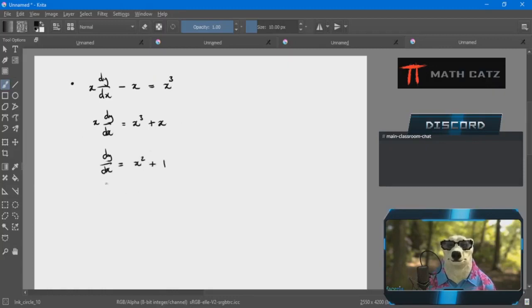And then I see, okay, well, this is just an antiderivative question again. I have a function y whose derivative is x squared plus 1. Therefore, y is the indefinite integral, or the antiderivative, of x squared plus 1, which I can do. It's 1/3 x cubed plus x, of course, plus a c.